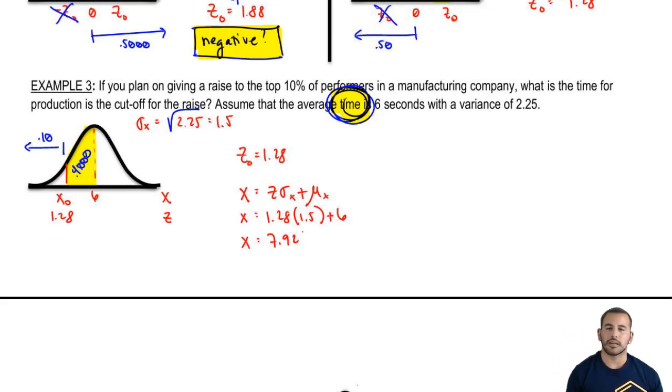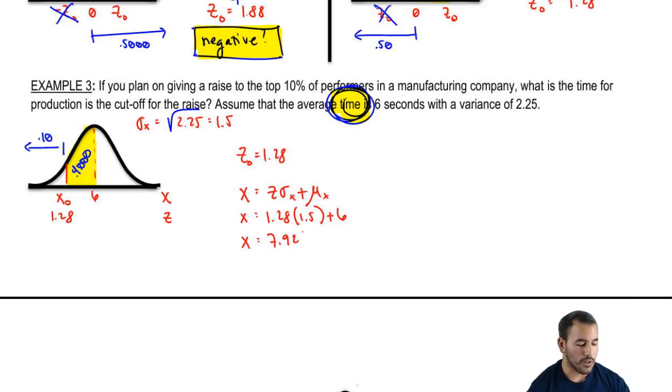Now, is that our answer that we're looking for? It sounds like it, right? We did our math right. We got everything good to go. We're in good shape. However, we didn't quite use the proper z. Here we have 7.92, but our z was actually negative.